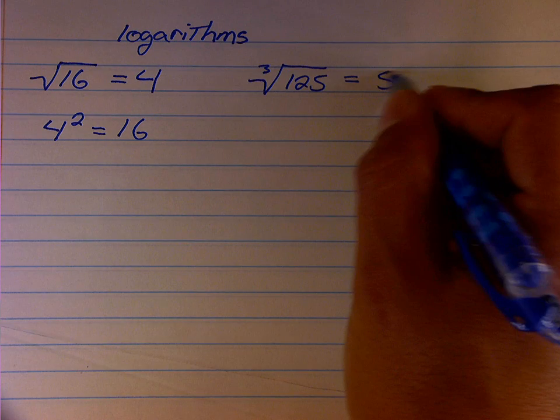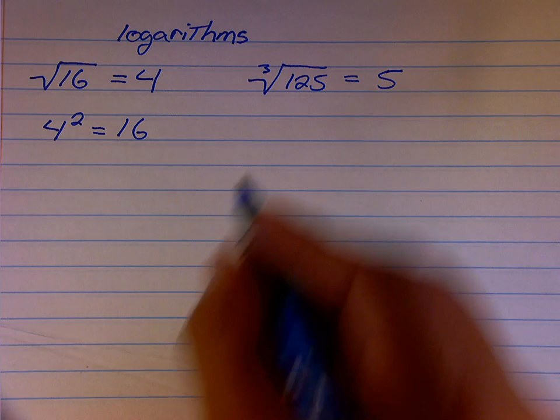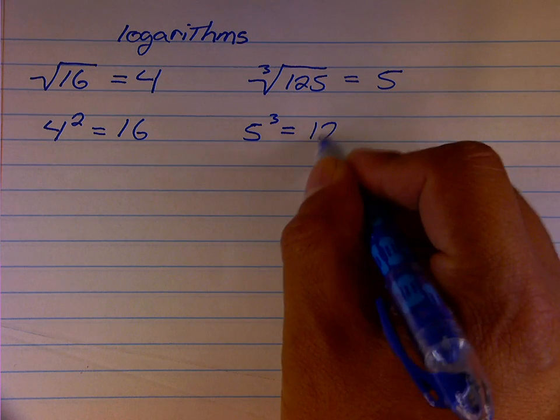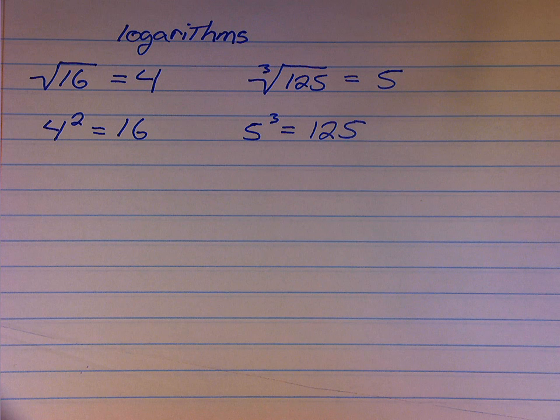So 5 is the answer to this question because 5 cubed is 125. That second sentence has the same meaning as the first sentence, but it has a different focus in the sentence. Now, I'm going to write these sentences out in their generic format.